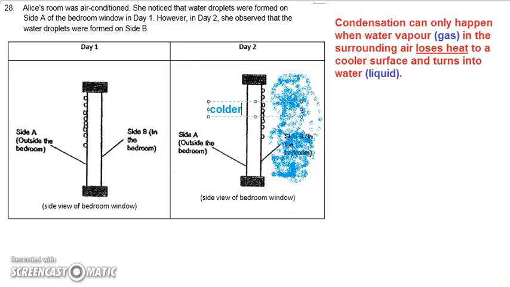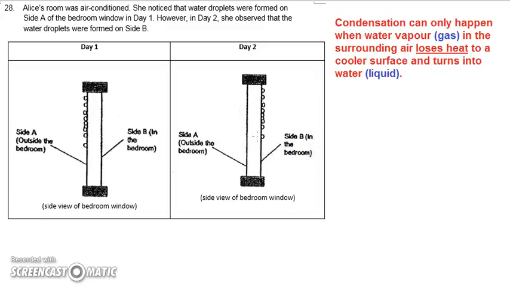So when this is colder and this is warmer, the warm water vapor here, when it touches the colder surface of the window, will lose heat to the colder surface and condensation can occur.